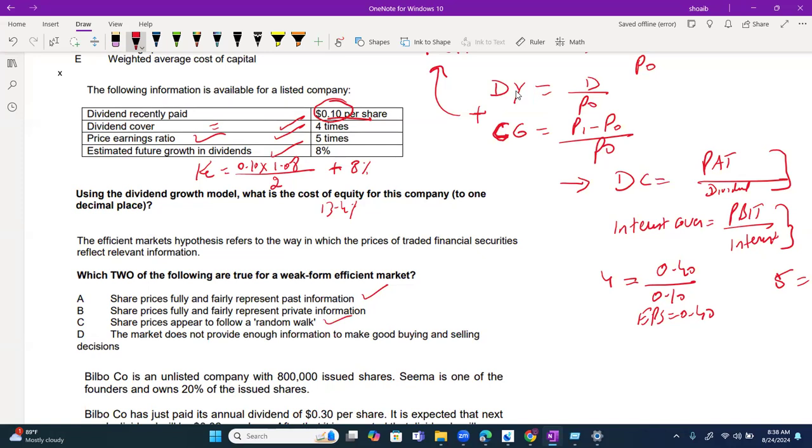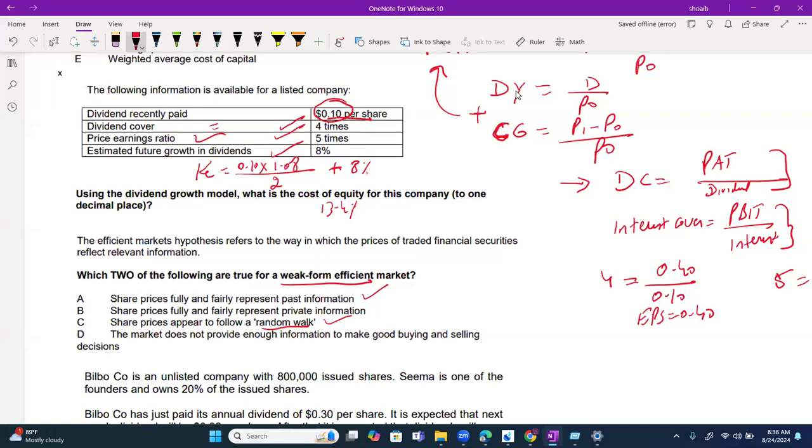Random walk means if there is a good information, share price will follow upward path. If there is a bad information, share price will decrease. So in weak form efficient market, remember, you can write it somewhere. Prices only reflect the past information. And on the arrival of new information, share prices show a random walk.